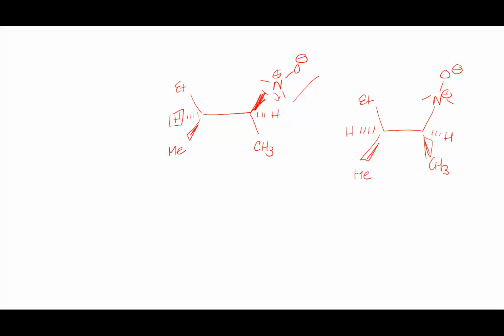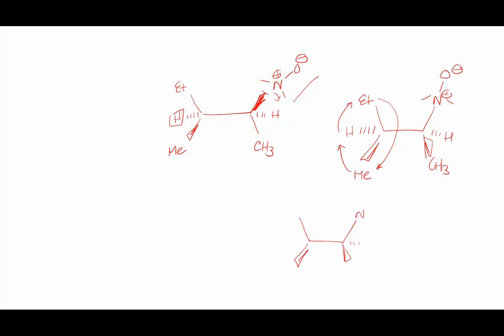So I have to just move one of the groups back a little bit. Okay, so now I'm still not in the right conformation, right? I've got to move this hydrogen up here, move this ethyl group down here, and move that methyl group into the back so that I can put it in the proper periplanar geometry.